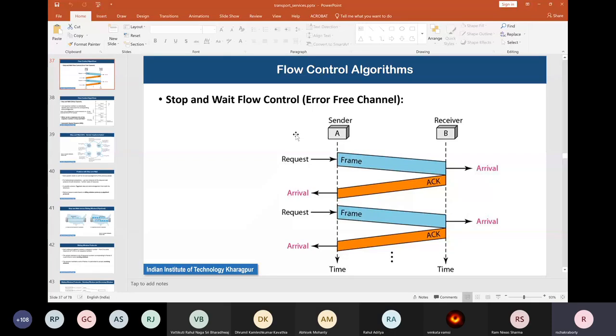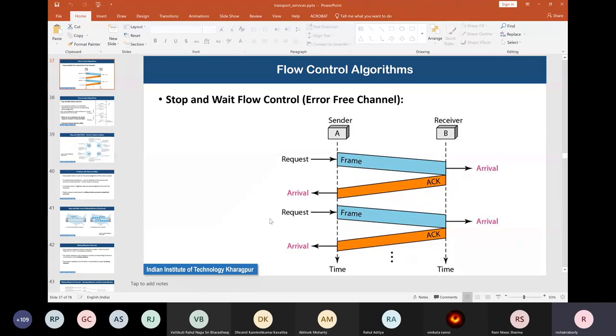Usually TCP, the transport layer protocol that we are going to study, is a bidirectional protocol. So you superimpose whatever data you want to send on this acknowledgement also. A will also acknowledge any segment that it receives from B.